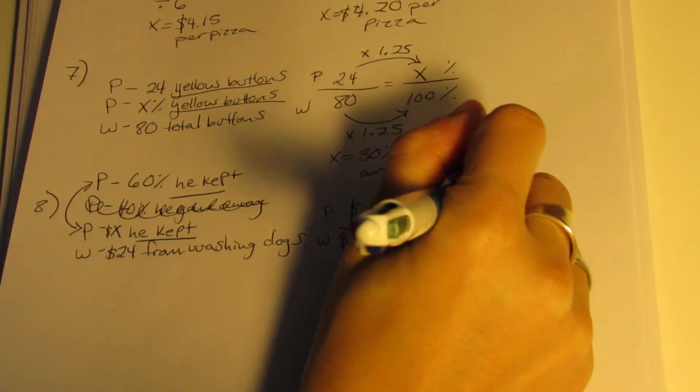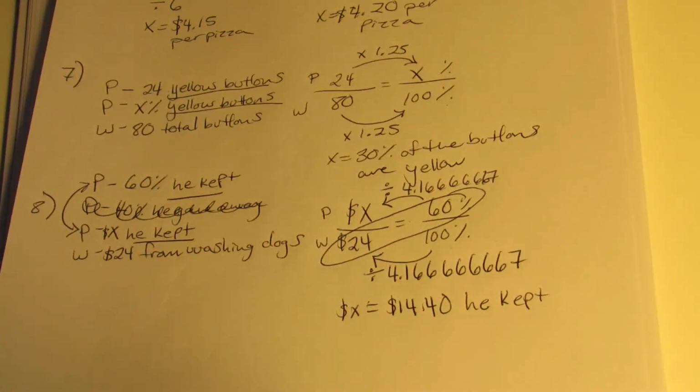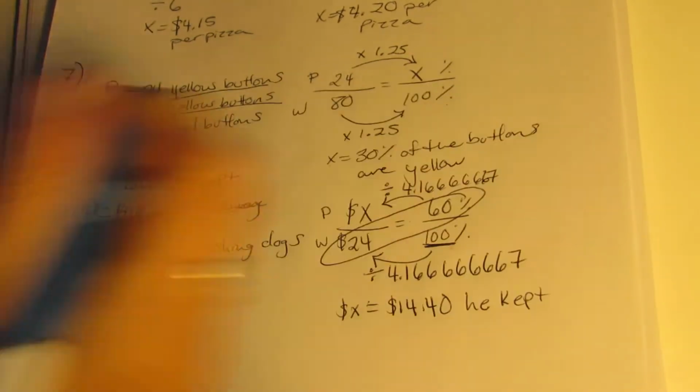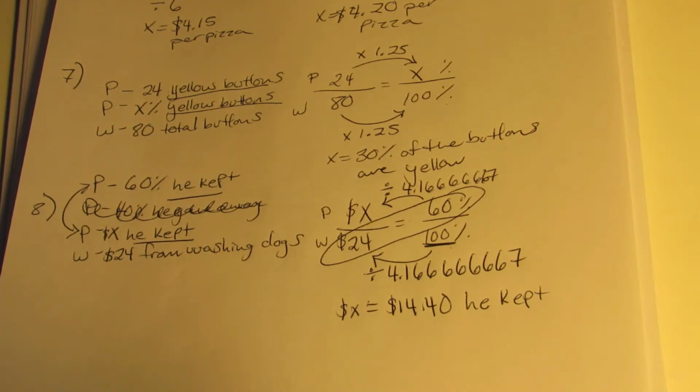The only two numbers that I can cross multiply are 60 and 24. So 60 times 24 gives me 1,440. Then I want to divide that number by my unused number. The only number that I haven't used yet is 100. So 1,440 divided by 100 gives me $14.40, which means that we did it correctly.